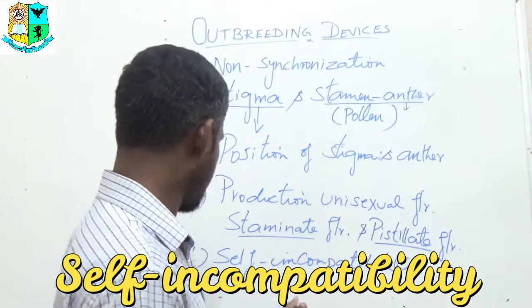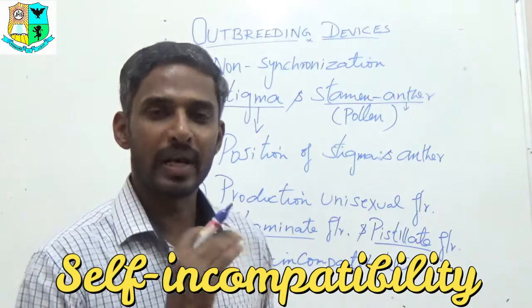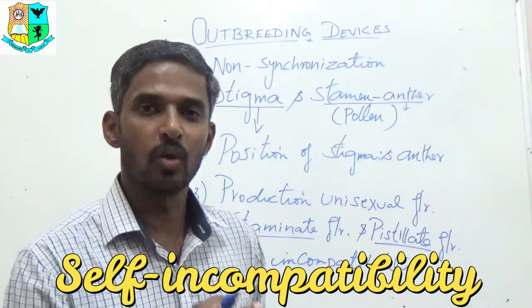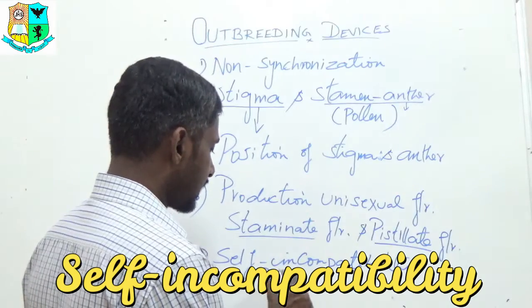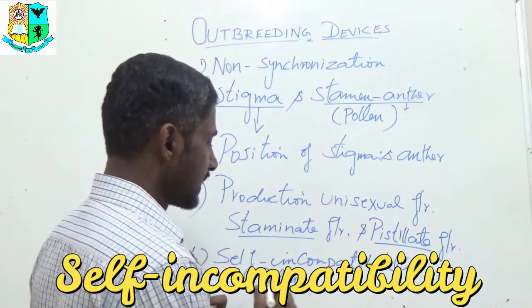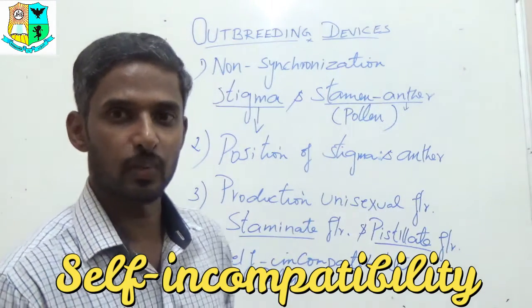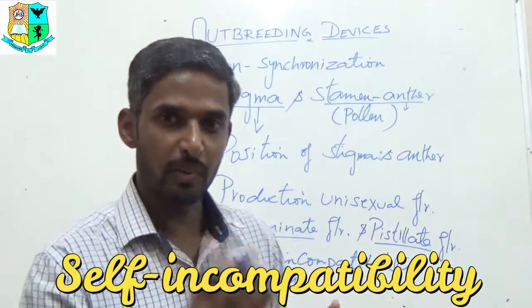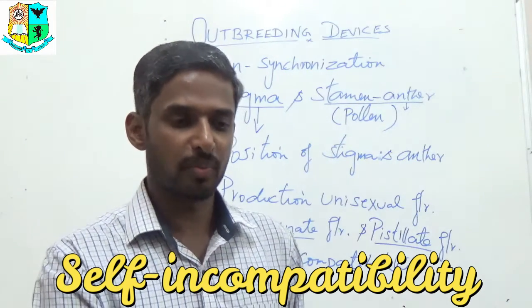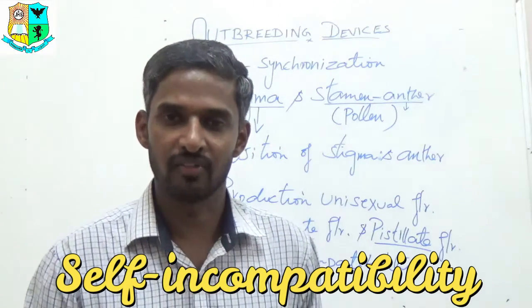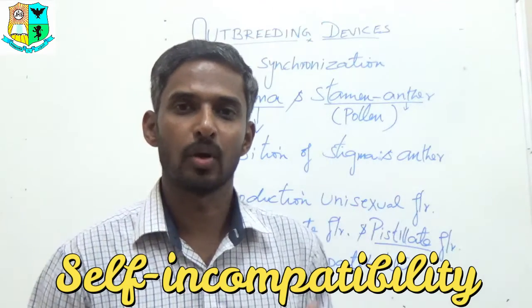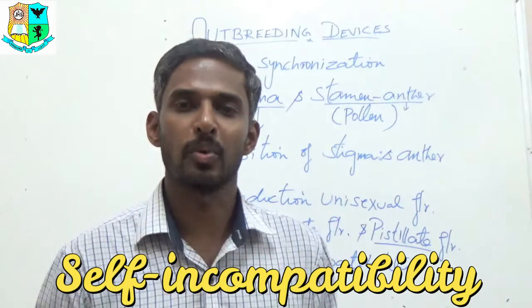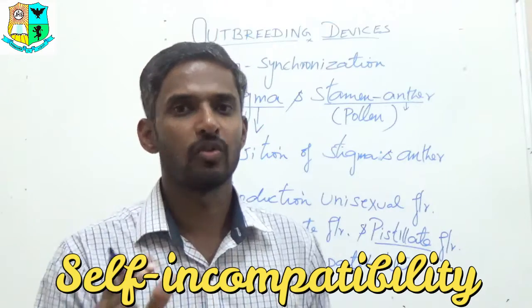In this case, the plants will reject the pollen of the same flower. Here the plant will reject the pollen coming from the same plant. It will not accept. Even if by mistake the pollen from the same flower falls on the stigma of the same flower, those pollen grains will not germinate because the stigma will not support them, and therefore they will finally fall off.